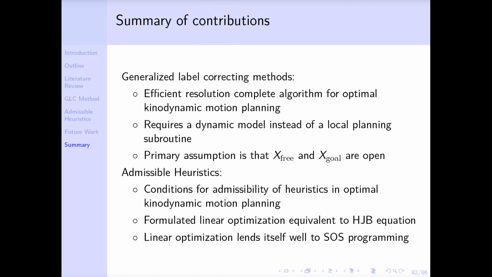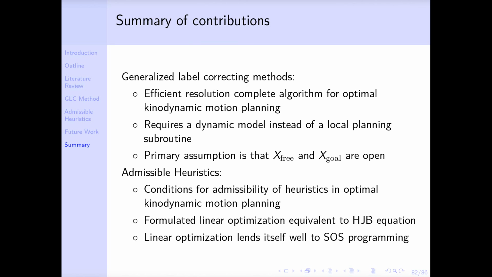And then in the second part of the presentation, I presented some new tools for analyzing admissible heuristics for the optimal kinodynamic motion planning problem. I first presented some admissibility conditions that let us check admissibility for, say, handcrafted heuristics when we have some intuition about the problem.